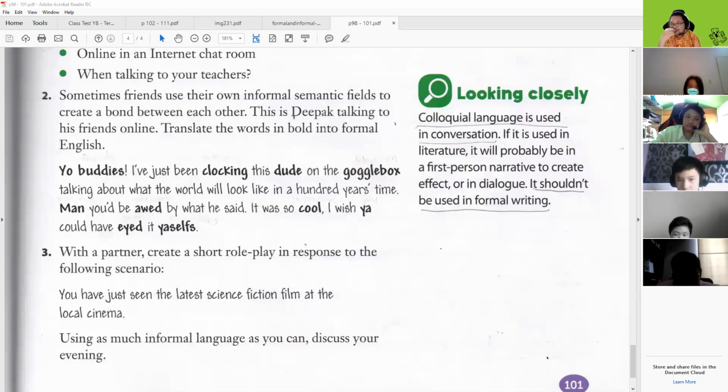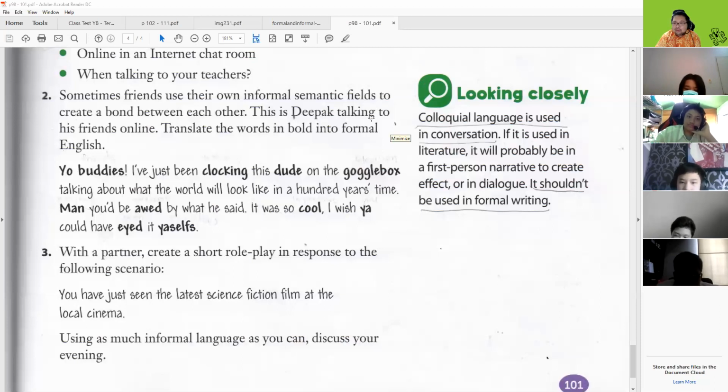No. LMAO is not laughing while rolling on the floor. How about rolling on the floor? ROFL. Rolling on the floor, laughing. Right. Another word.